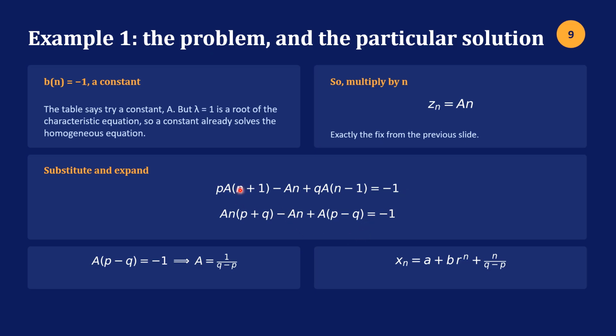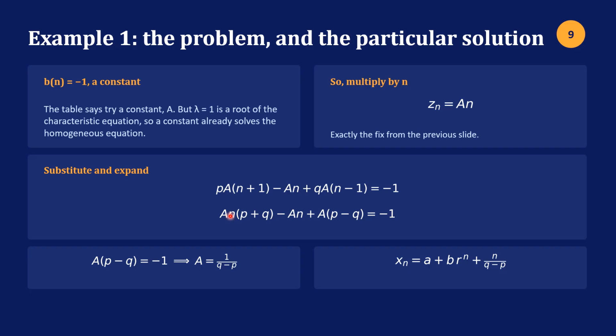Then we just take the terms with an n in it, which is the p and the q, and we have this term here. Then we have terms with just an a in it, and that's p and minus q, and that equals minus 1. p plus q equals 1, that was one of the conditions.